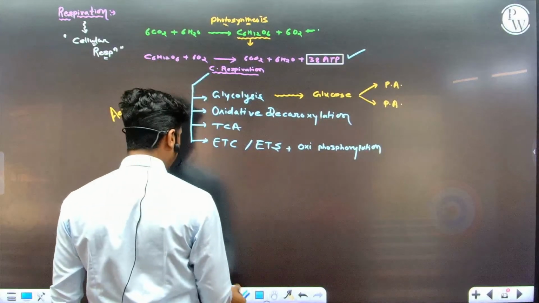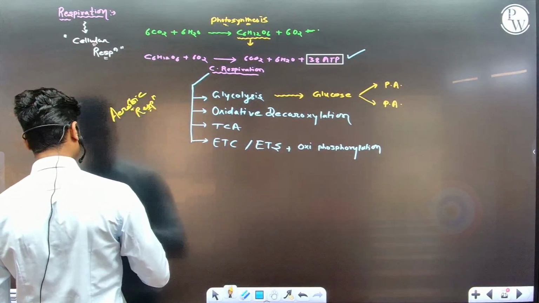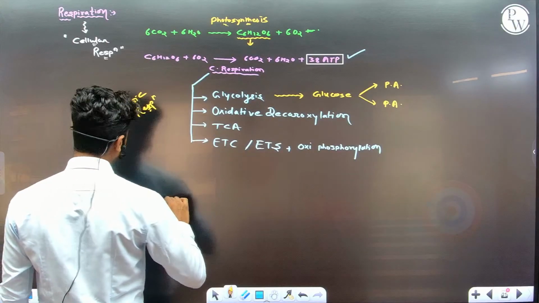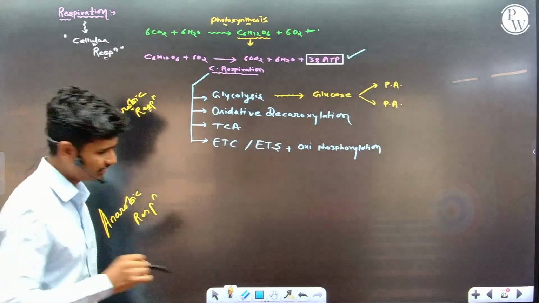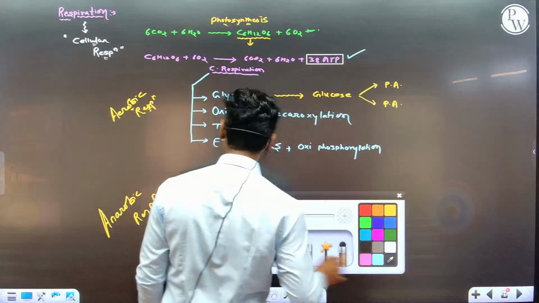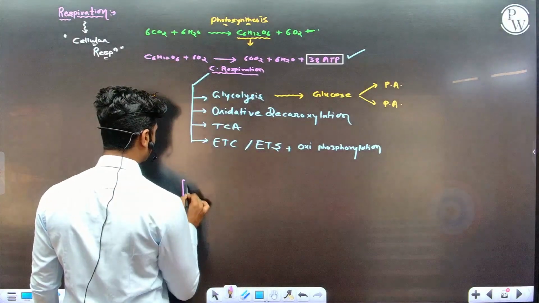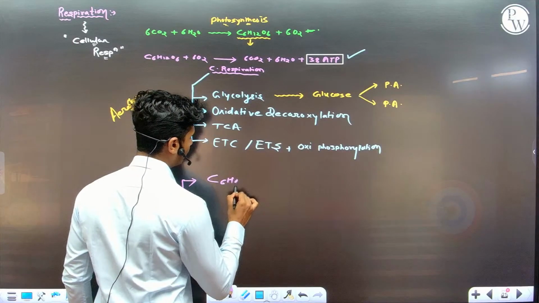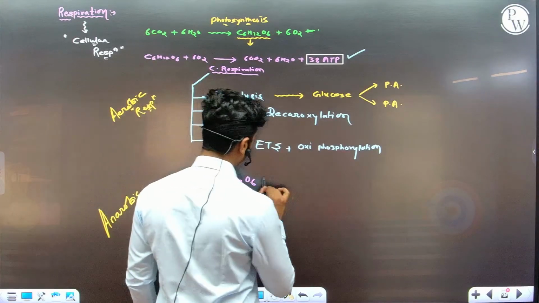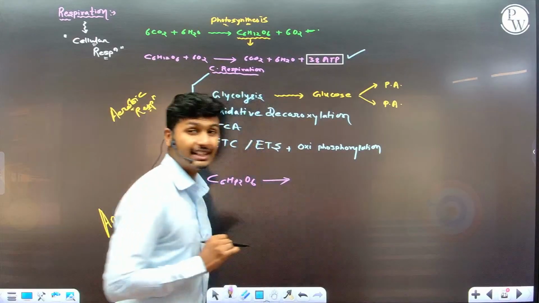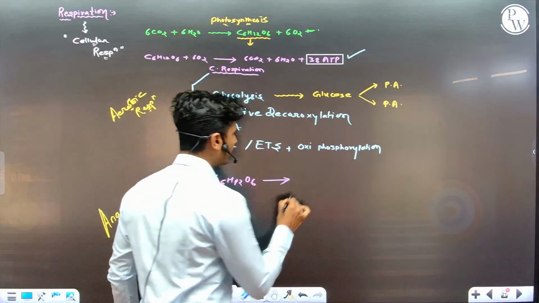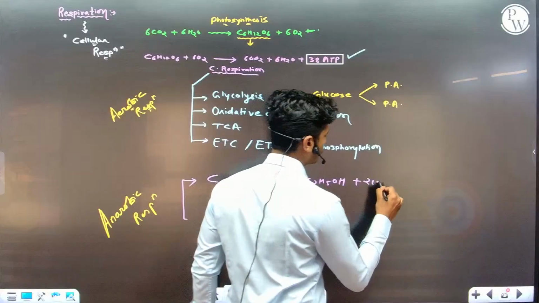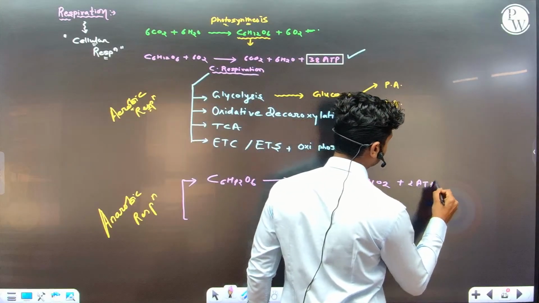If I am saying anaerobic respiration, definitely it involves glycolysis. Yes, it involves glycolysis, but here the C6H12O6 molecule is breaking down in the absence of oxygen and gives you 2 molecules of C2H5OH plus 2 molecules of CO2 plus 2 ATP.